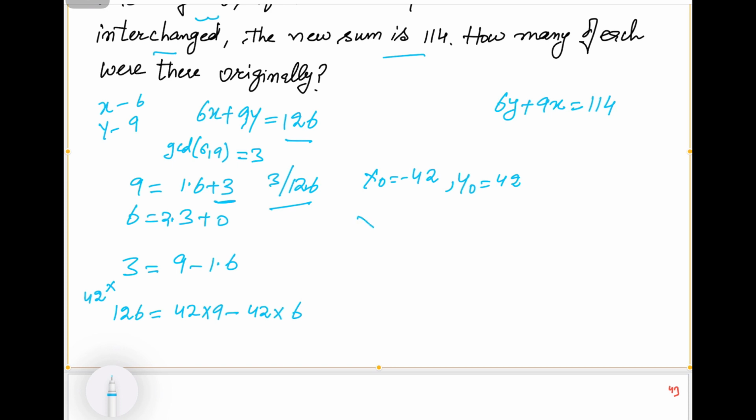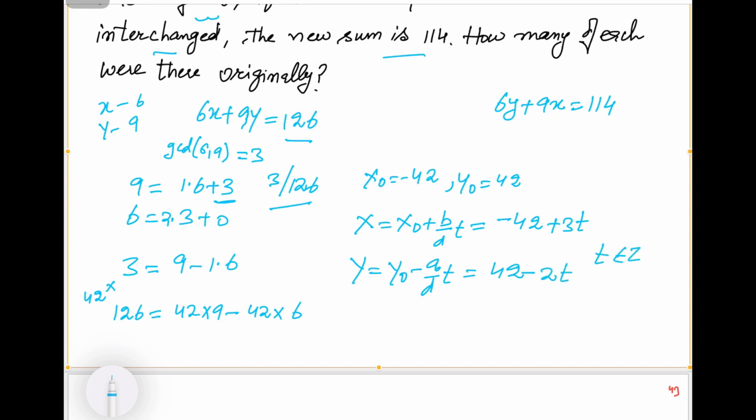And the general solution, that is x naught plus b by d times t, is given by minus 42 plus 3t, and y as y naught minus a by d times t, as 42 minus 2t, where t belongs to the set of integers.